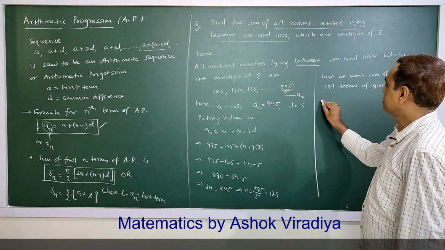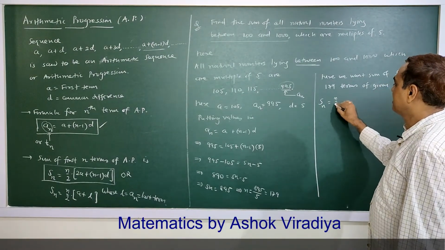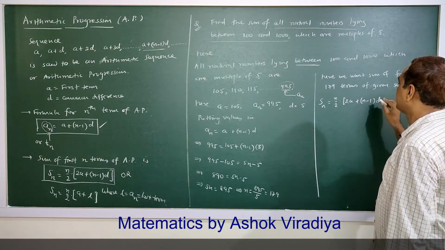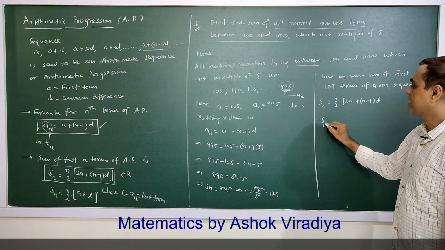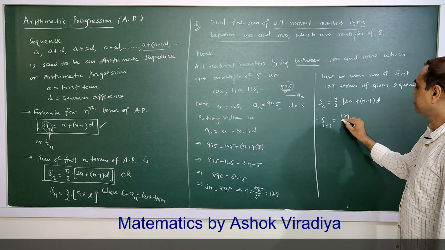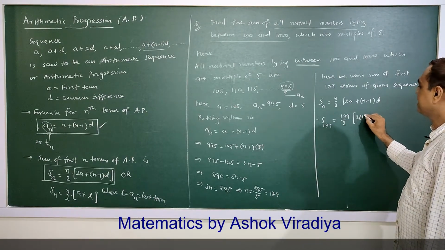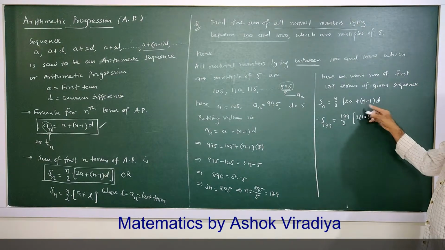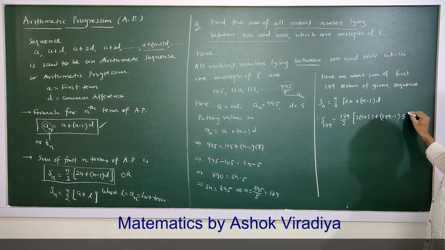So let us use the first formula, Sn equal to n by 2, 2a plus n minus 1 into d. Putting values in this formula, n is 179. Here 179 by 2 into 2a, a is 105, plus n minus 1 is 178, difference is 5.